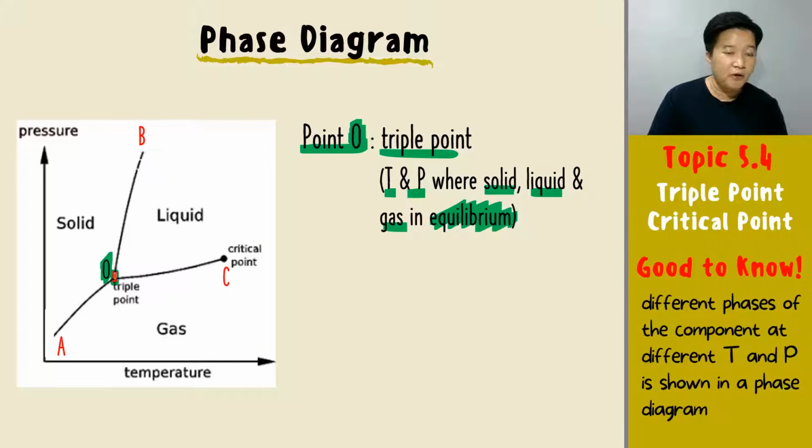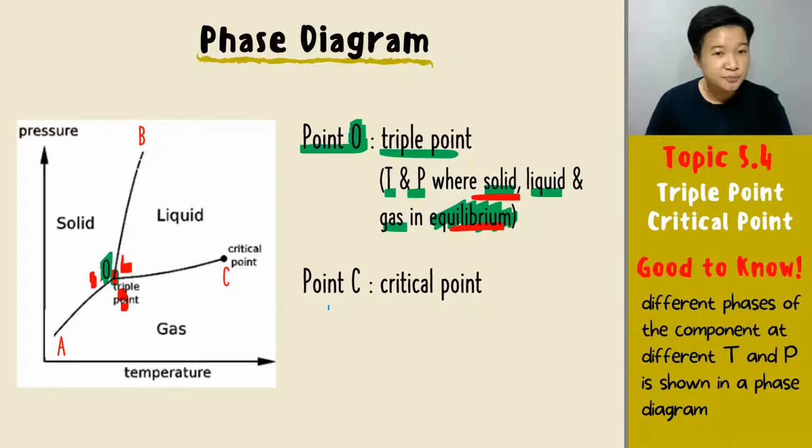So on this point, you can see that you have your liquid, you have your solid, you have your gas. So here, solid, liquid and gas exist in equilibrium.